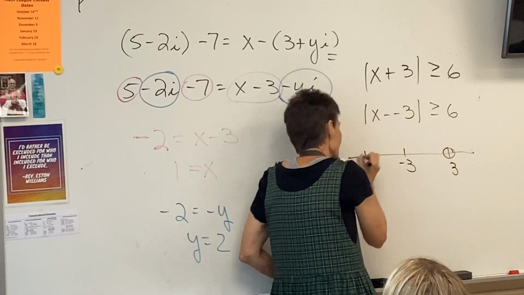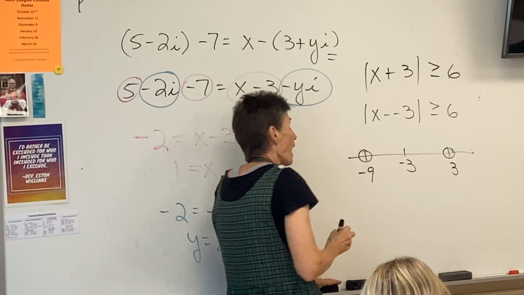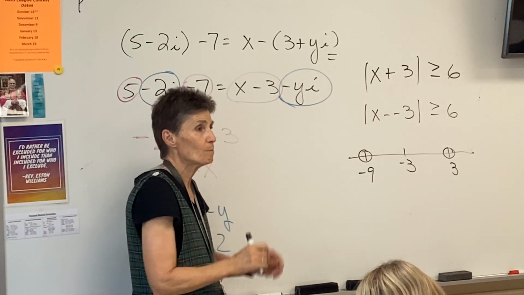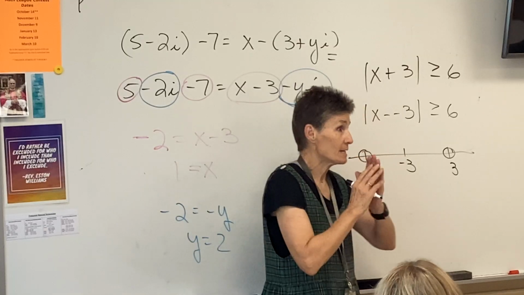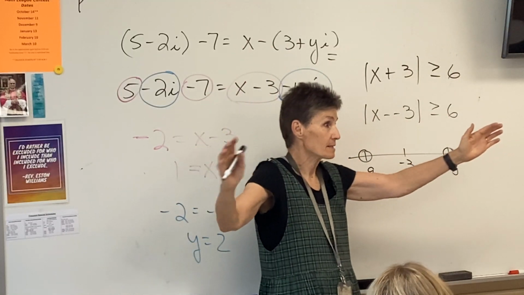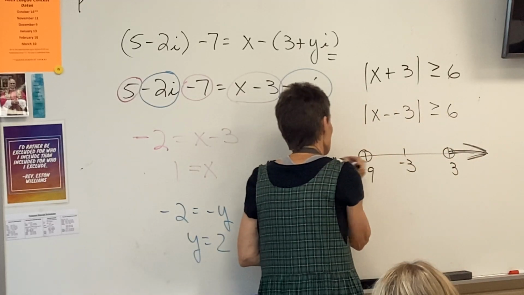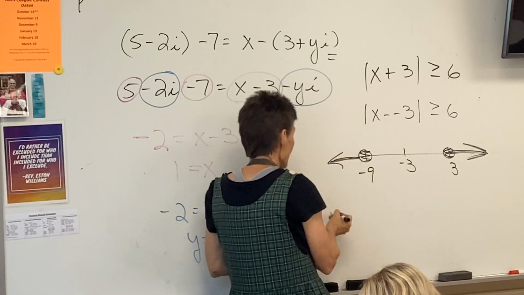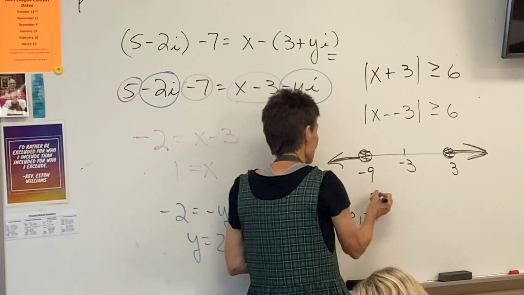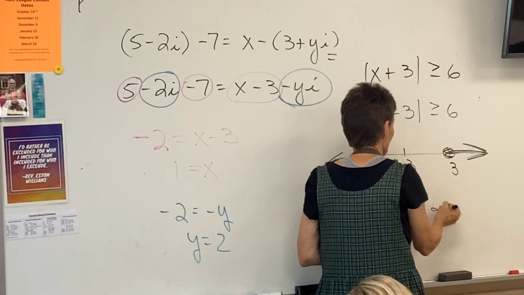And if I go 6 this way, where would I be? -9. This is where it's exactly 6. I want it to be more than 6. So I want it to be 7, 8, 9 in either direction. By the way, there's dots and color there. So my answer is -infinity to -9 and 3 to infinity.